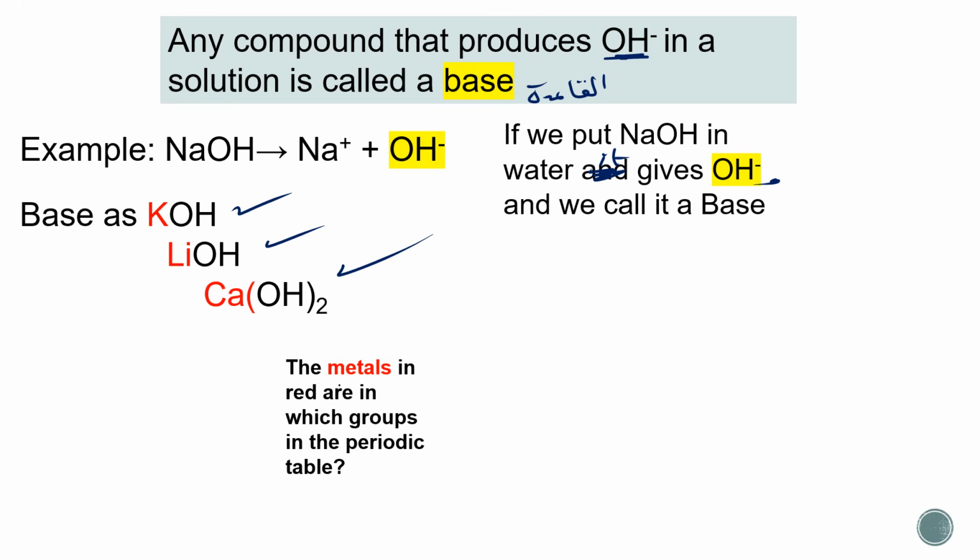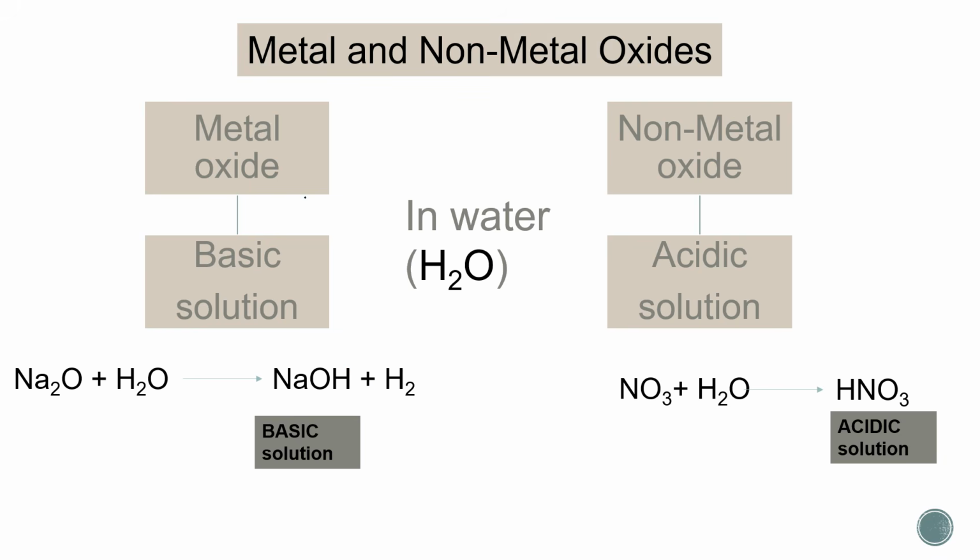Okay, so the metals are in red. In which group of the periodic table, guys? You will notice K and Li are in group 1, Ca is in group 2. So this is just for you to notice. Okay, if we have a metal oxide and water, it will give me a basic solution.